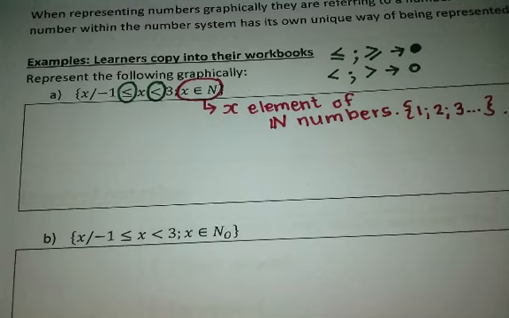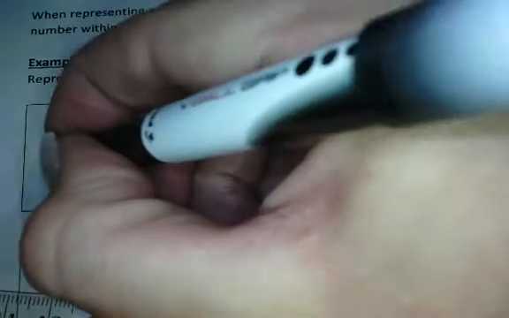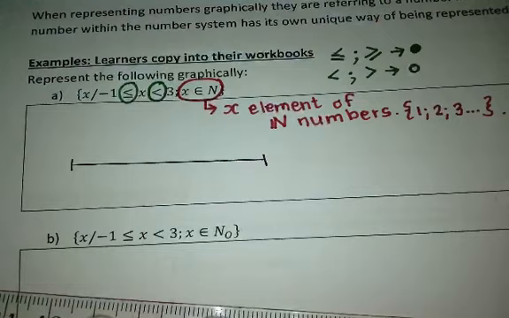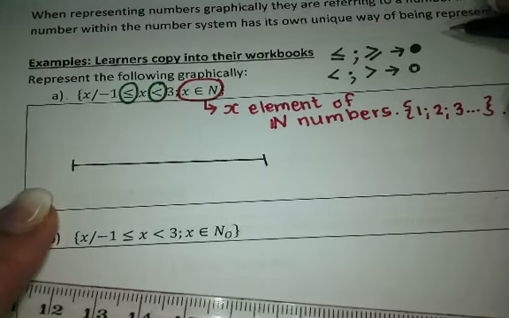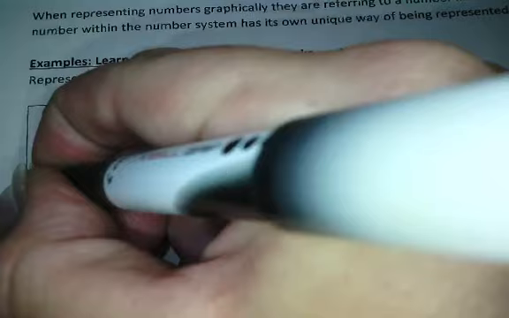Now that we have looked at our inequality signs, we know that x is going to lie in between those two numbers, and we know that x is going to be an element of natural numbers. We can now start drawing our number line. Your number line doesn't necessarily have to be drawn to scale. Where does my number line start?